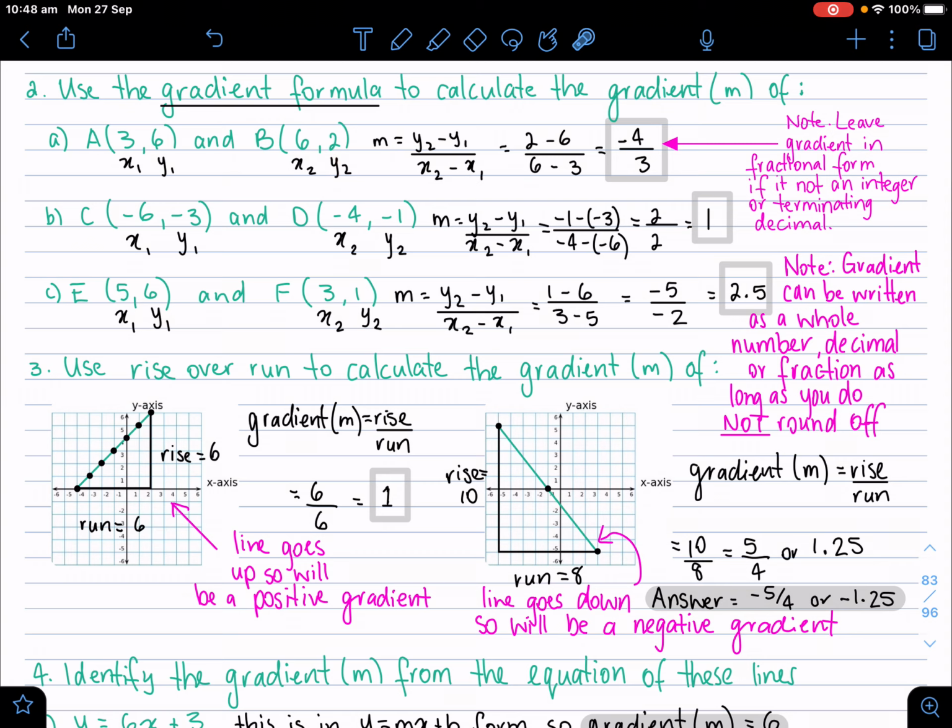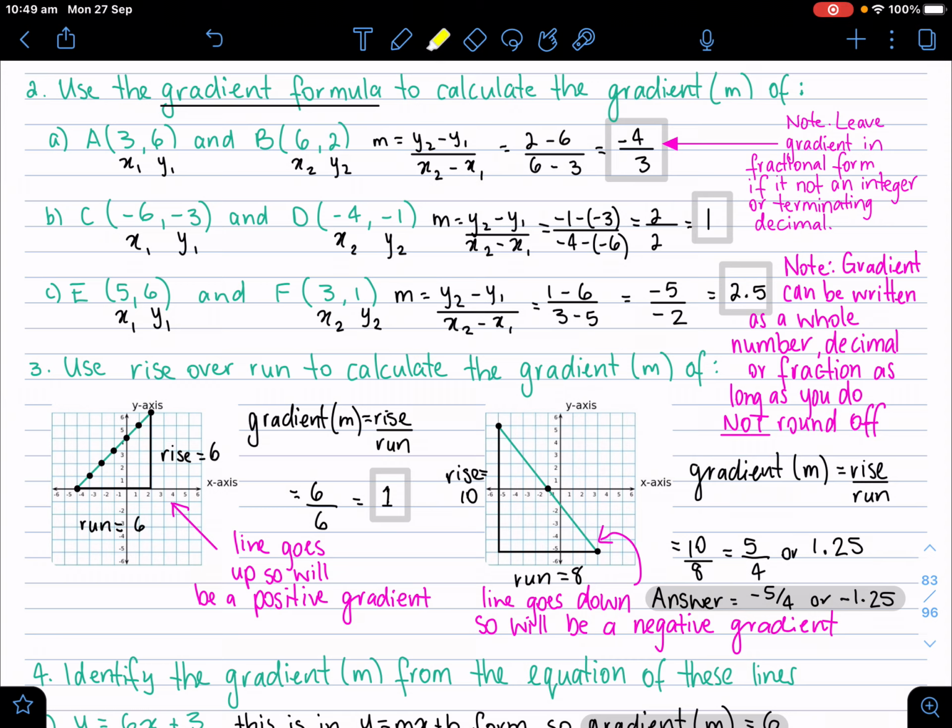And then you have your gradient formula, and you have to memorize this. y2 minus y1 all over x2 minus x1. So then we substitute in y2 minus y1, 2 minus 6, all over x2 minus x1, 6 minus 3. Now some people like to use colors here.